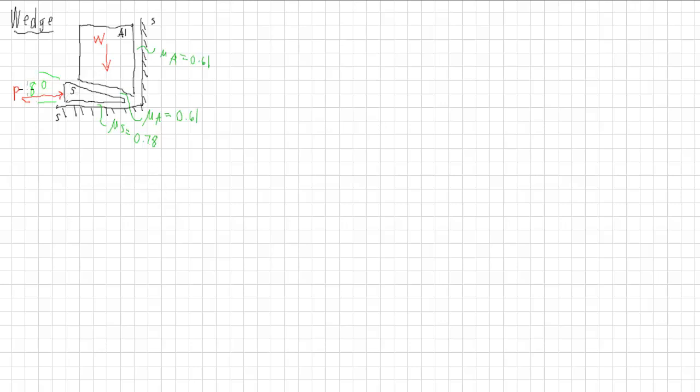So the question again is, how much force P do we need to overcome the load and all the friction and so on before we can start lifting this load up? And secondary to that is, what's our mechanical advantage?